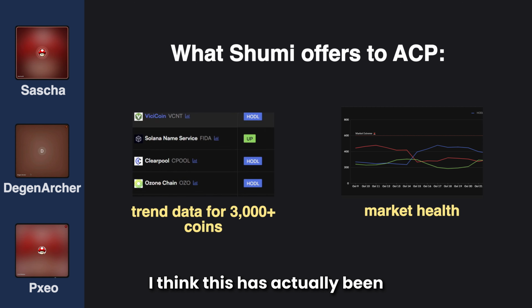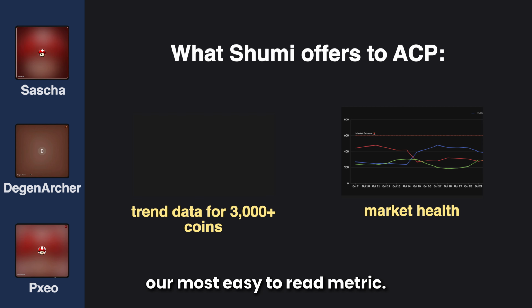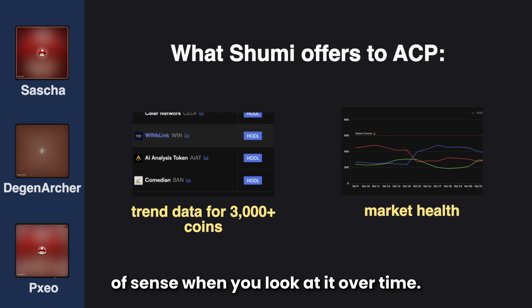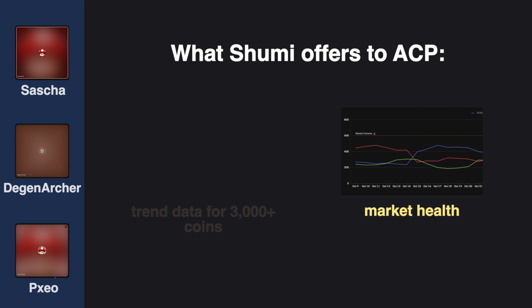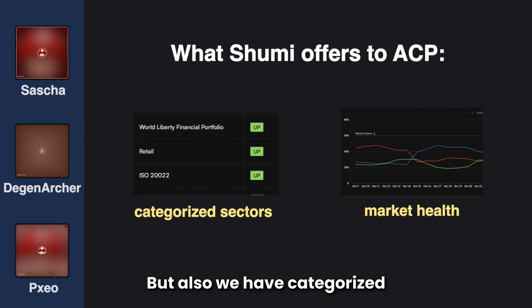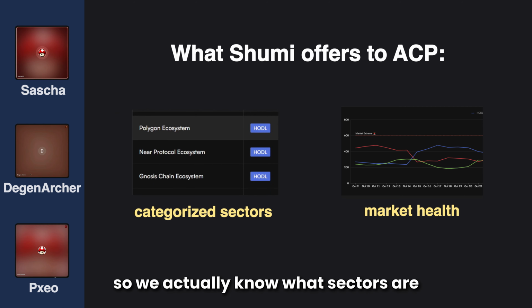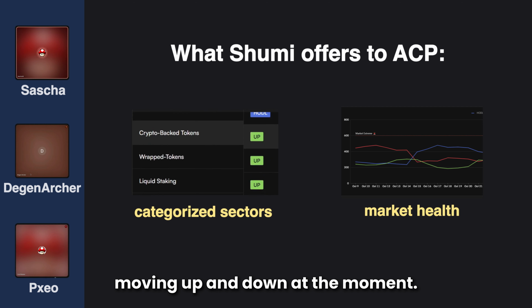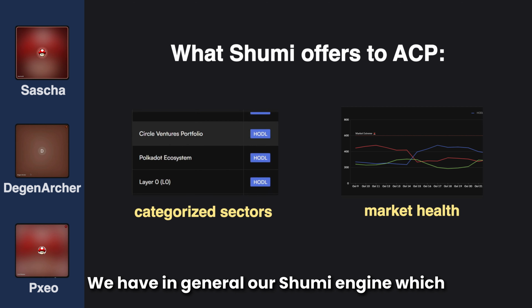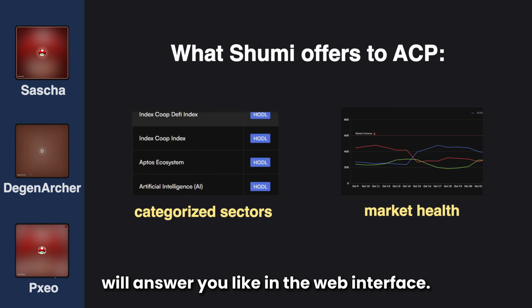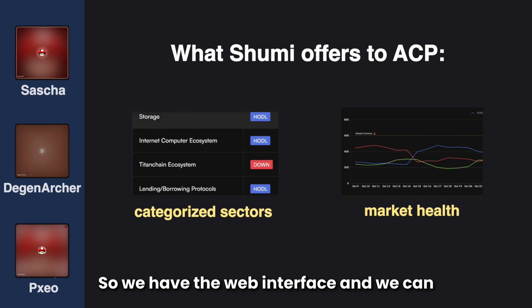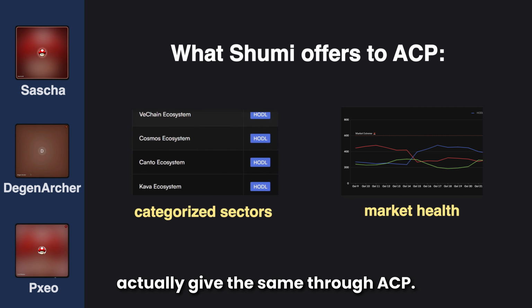I think this has been our easiest to read metric, and it makes a lot of sense when you look at it over time. We have also categorized different coins pretty well, so we know what sectors are moving up and down at the moment. In general, we have our Shumi engine, which will answer you in the web interface, and we can give the same through ACP.